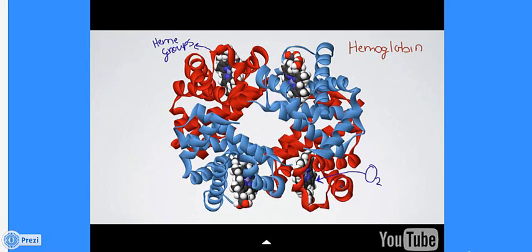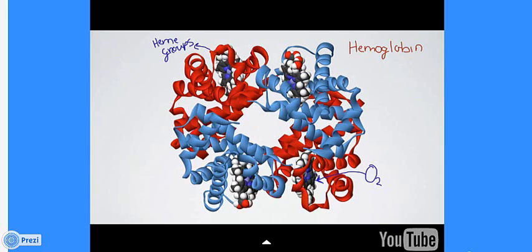Now, what's interesting about the hemoglobin is that whenever one oxygen binds to a heme group, that causes the entire hemoglobin structure to undergo a conformational change. So we're basically changing the shape of the molecule whenever one oxygen binds.